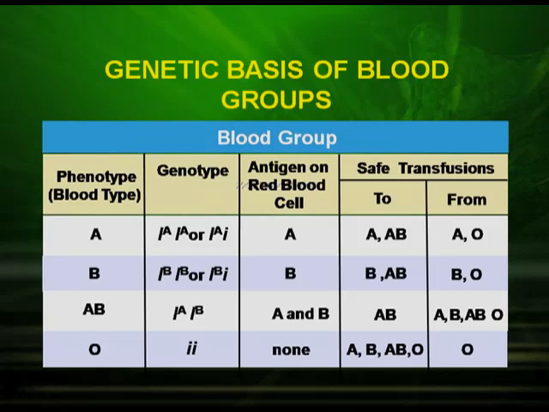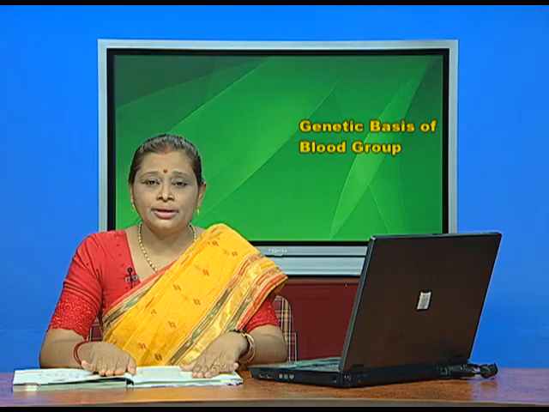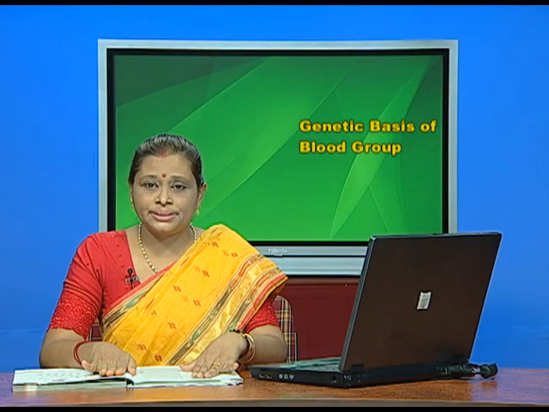The blood group A has the genotype IA IA or IA i. These are the alleles of the blood groups. The B blood group will have IB IB or IB i. Now let us see the AB blood group.